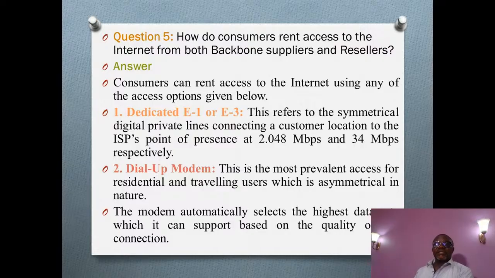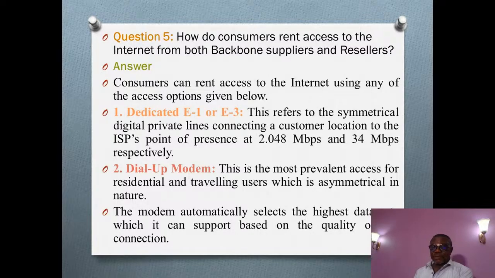So this is the most prevalent access for residential and traveling users, which is asymmetrical in nature. The modem automatically selects the highest data rate which it can support based on the quality of the connection.